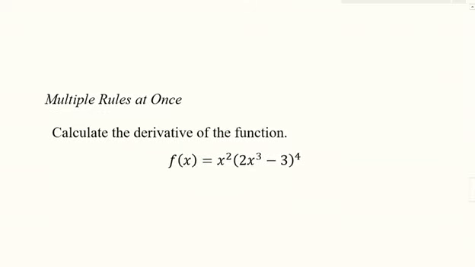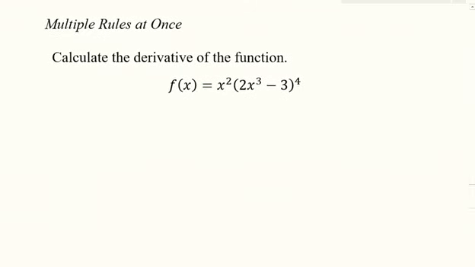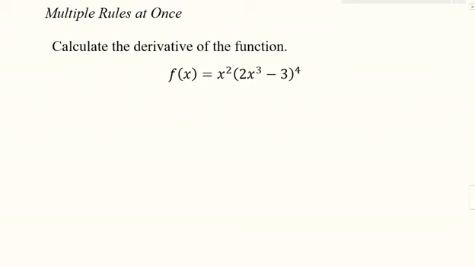Oh, multiple rules at once. Why not? Sounds great. I bet this is going to have product and chain. So when I take the derivative, let's say f prime of x equals, I'm going to start with the derivative of x squared, because that's easy: 2x times, leave this the same.